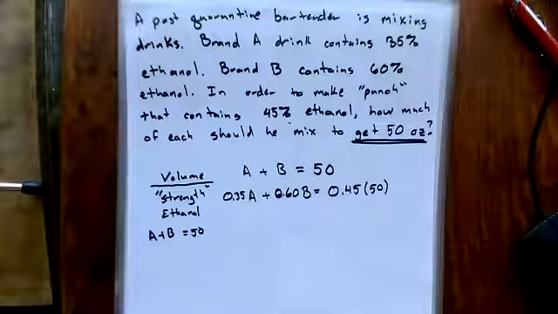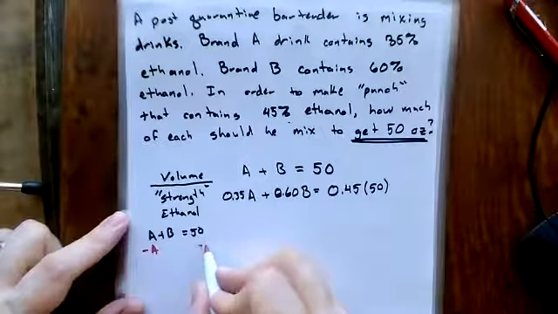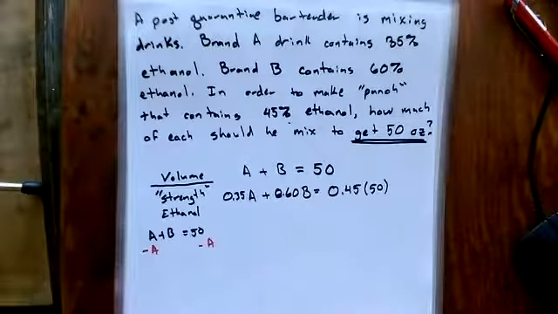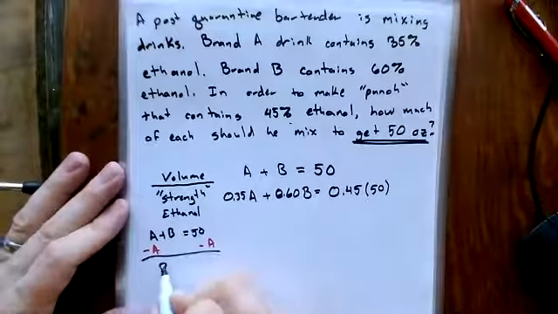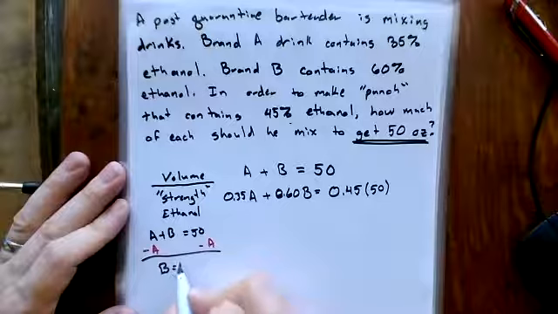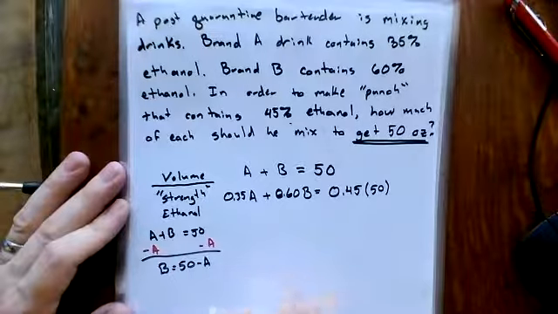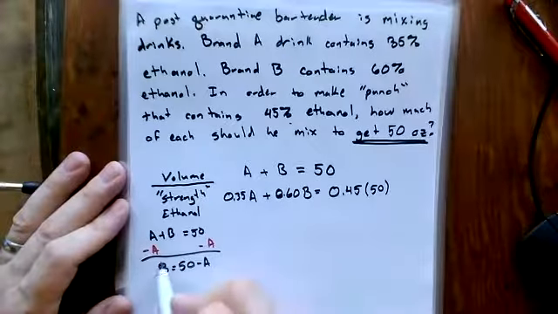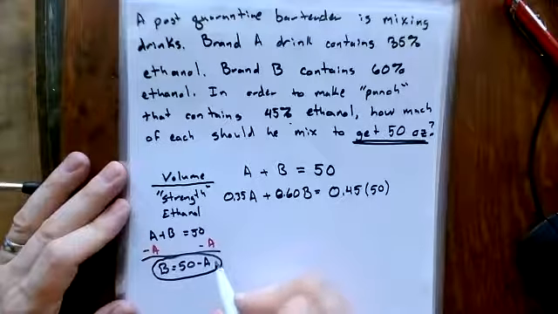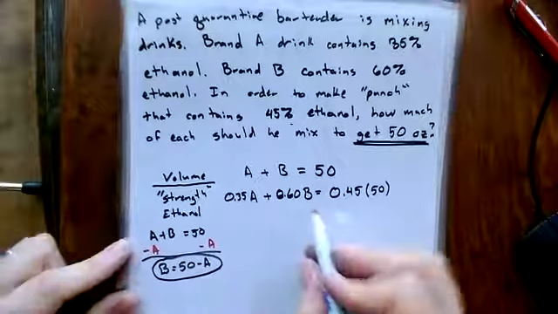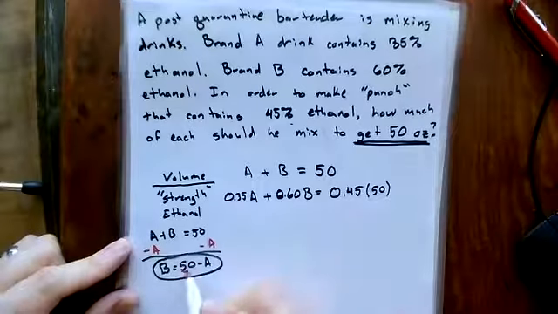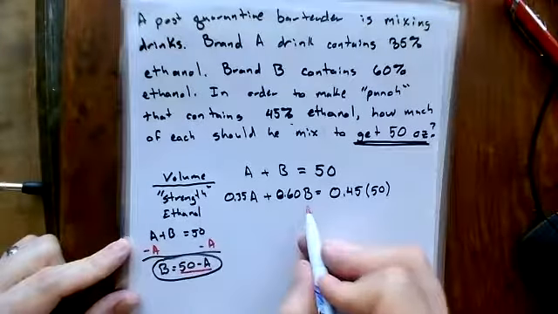This time I'll subtract A from both sides, so I've got B is equal to 50 minus A. And we're going to use this expression and substitute into this second equation for B.